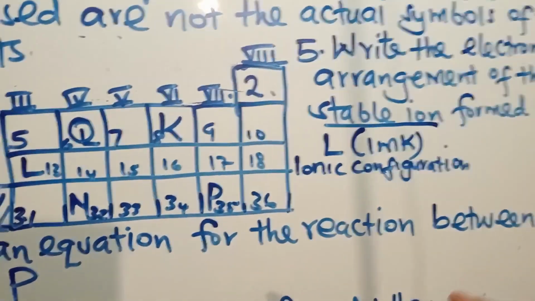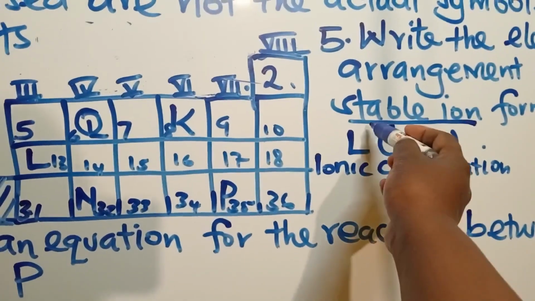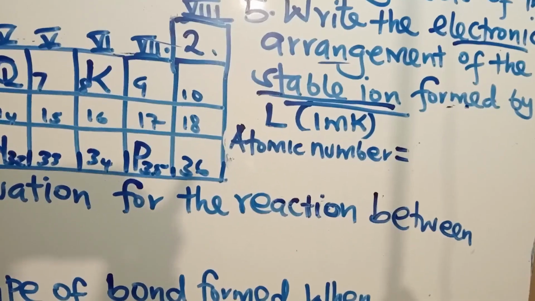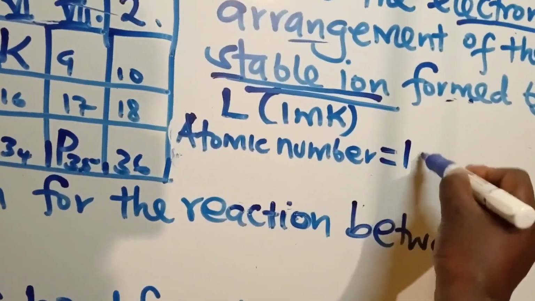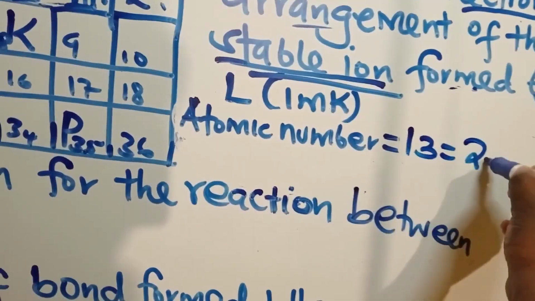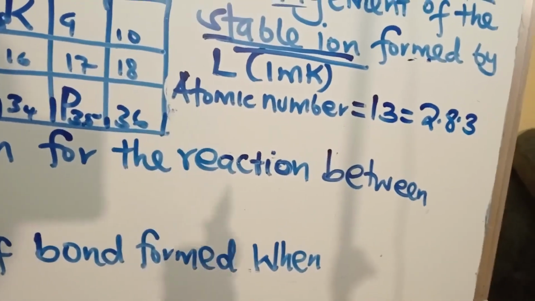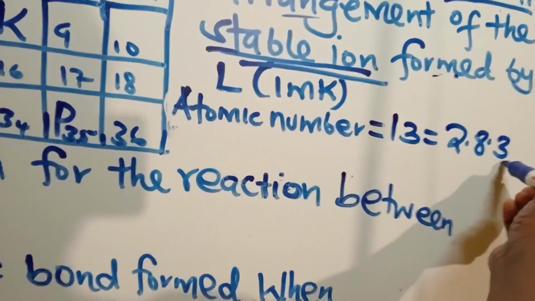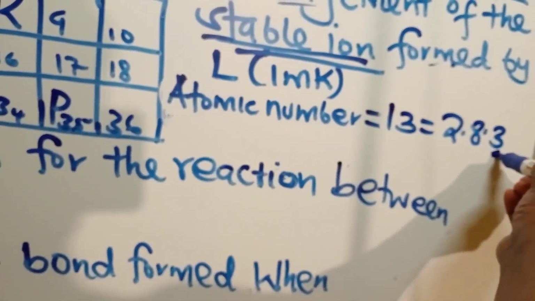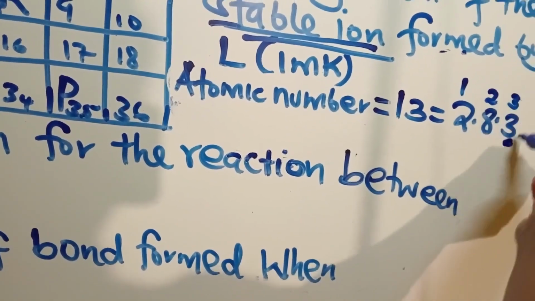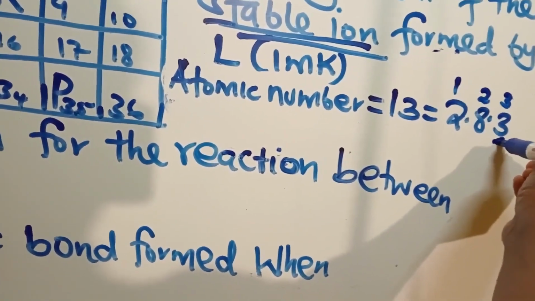So we go back to the question. The ion that you are required to write about is L. L is atomic number 13. Then from it we write the electronic arrangement for the atom of L. And there are 3 in the outermost energy level, because this is the first energy level, the second and the third, the outermost energy level has 3.